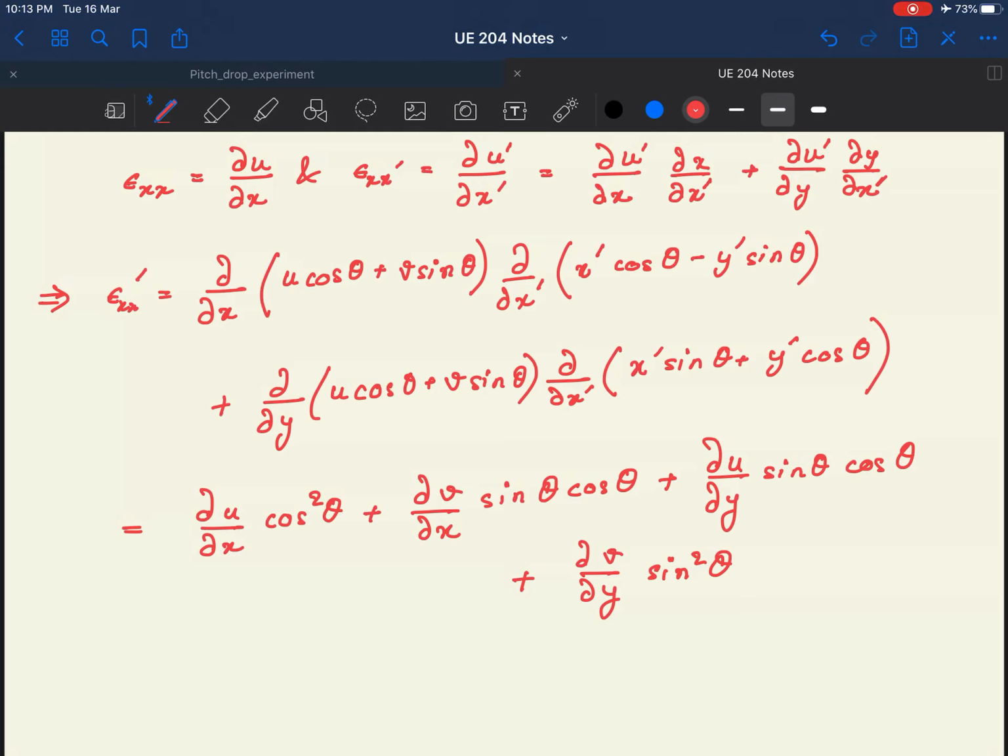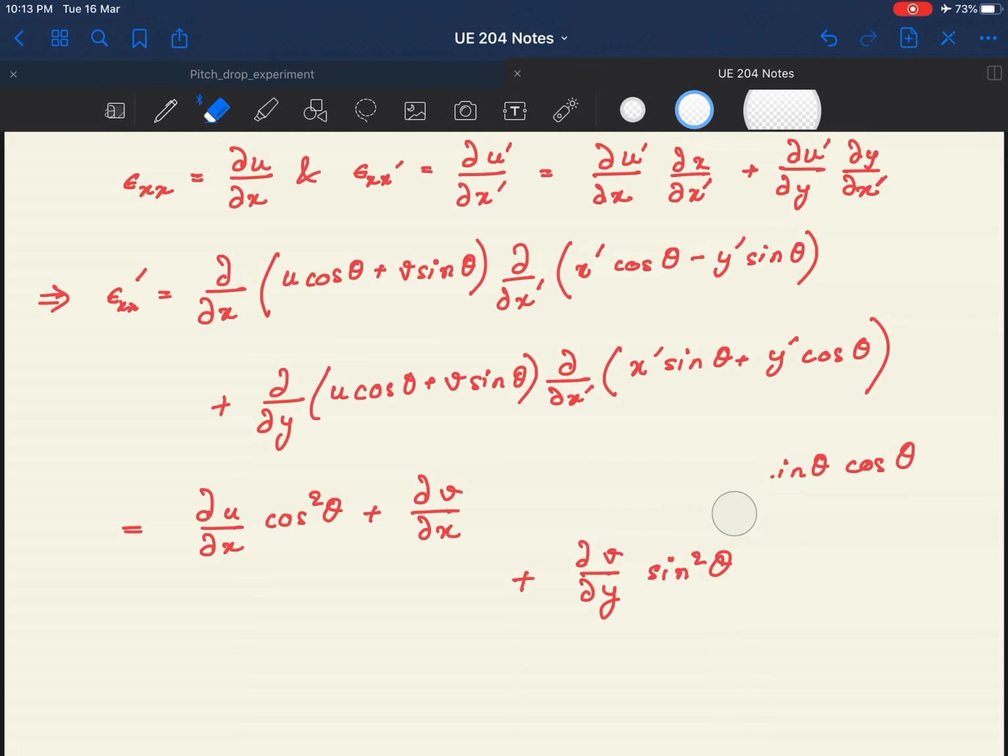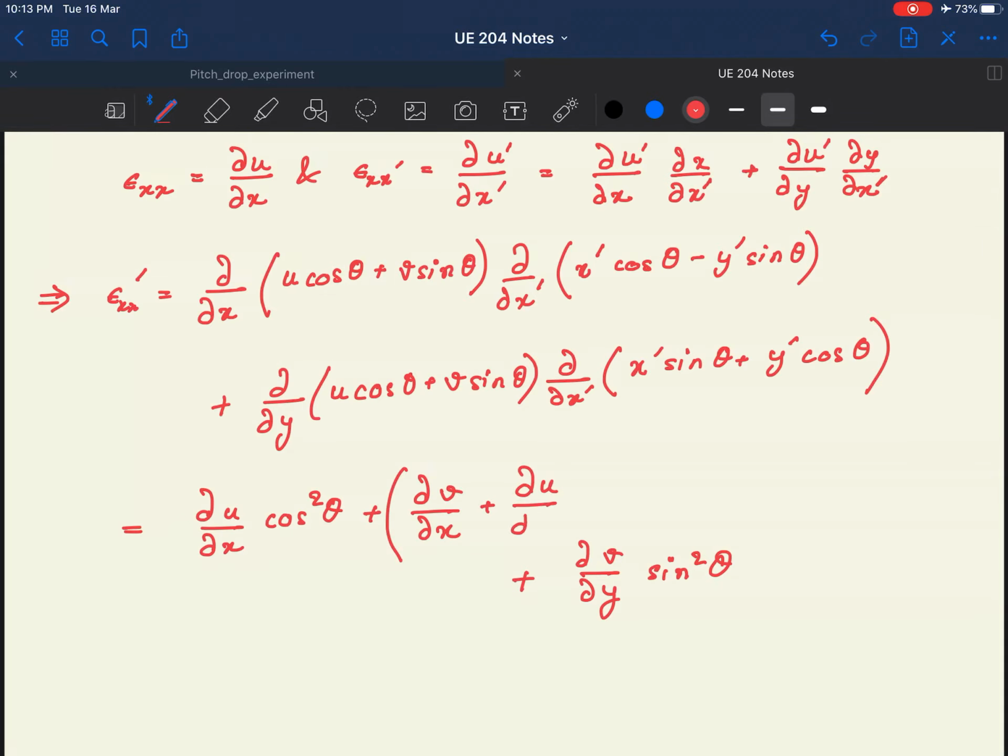What I can do is combine these two together as sine theta cosine theta.